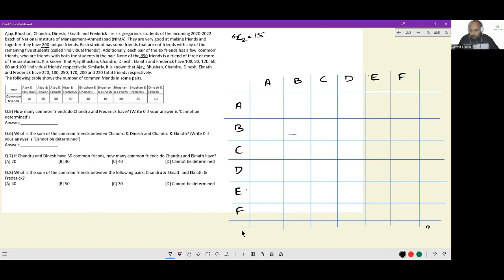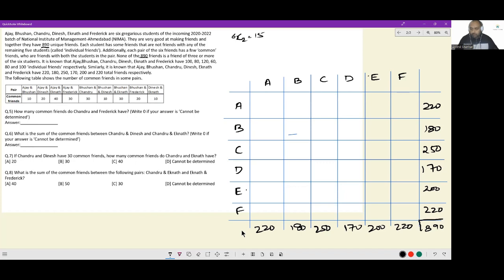Now we know the total number of friends across everything is 890. We also have the total count of friends: 220, 180, 250, 170, 200, and 220. The same set of numbers here also: 220, 180, 250, 170, 200, and 220.